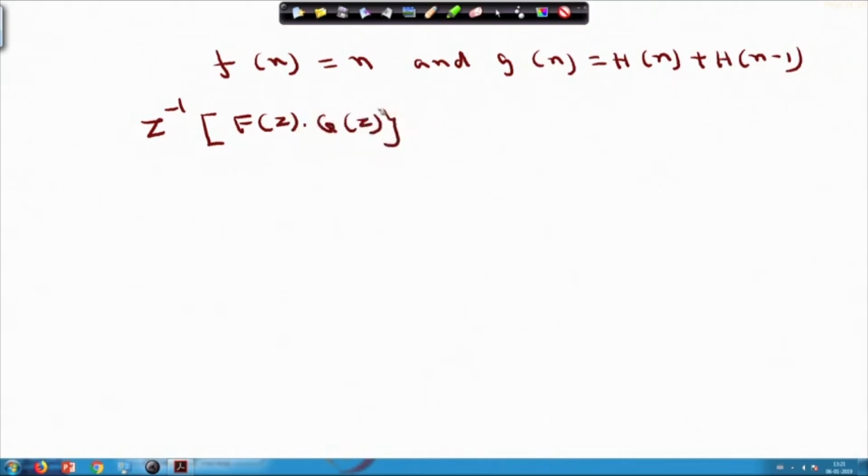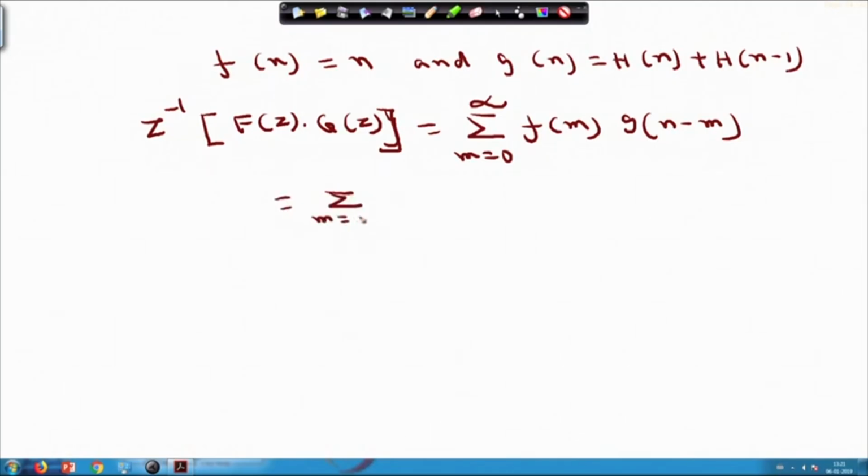This is equal to summation m equals 0 to infinity F m into G of n minus m. This equals summation m equals 0 to infinity m, F m is m and G of n minus m will be h of n minus m plus h of n minus m minus 1 from here.